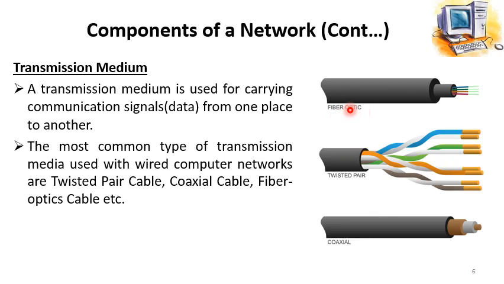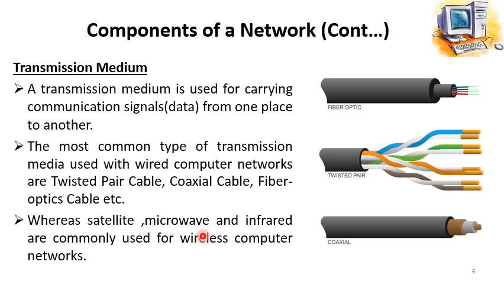Fiber optic cable is the most expensive and the fastest communication medium, and then twisted pair is the most commonly used communication medium, especially for local area networks. And coaxial cable is also a transmission medium used for communication, especially used in cable television for cable transmission.